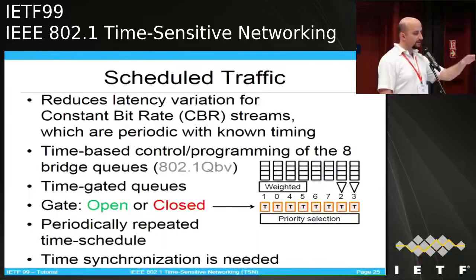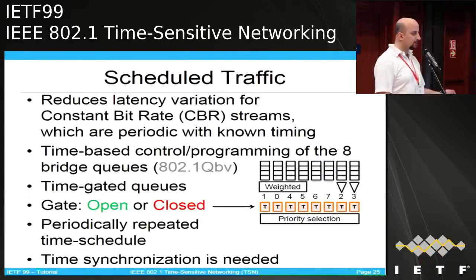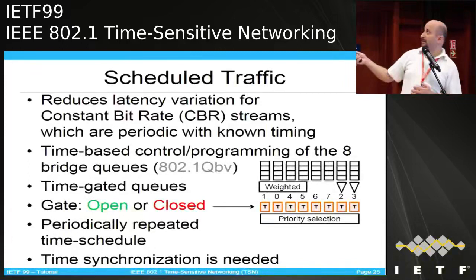So this is called scheduled traffic, which introduces time-based scheduling to the queues. It is to reduce the delay variation for CBR streams, which are periodic with known timing. Actually, it is time-based programming of the bridging queues, the 8 queues, and the tool is these time gates up front of each queue.